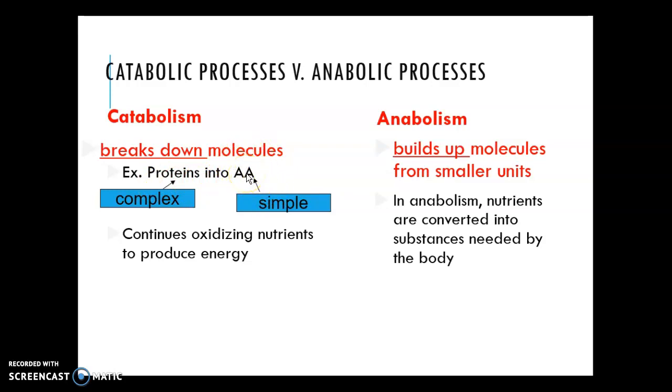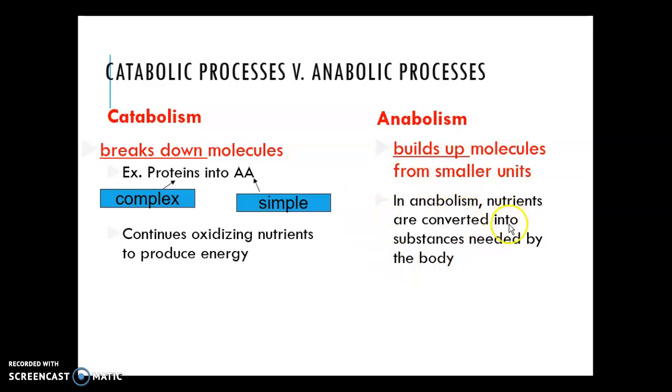This is how we're oxidizing or breaking down our nutrients, and then we use it to produce energy through cellular respiration, but also for our anabolism, or anabolic processes. This is the building up of molecules from small units. Now that we have those small amino acids, we can take them and make anything in our body, whether it's hair, muscle, bone, anything that our body needs to be made.